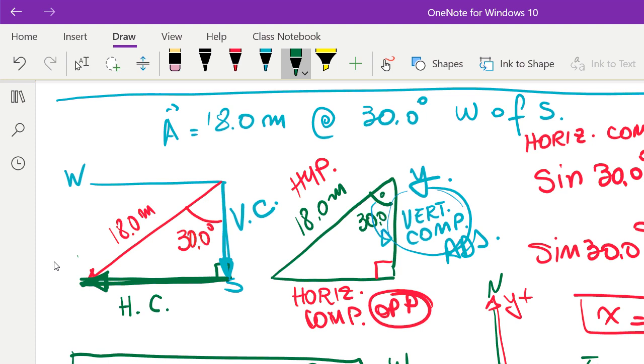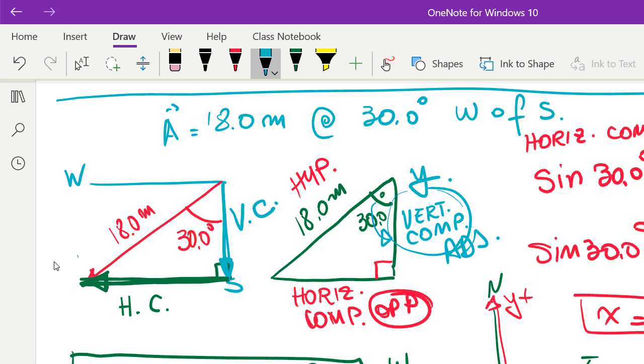And now that we see the vertical component going south, it will not be simply 15.6, because that turns out to be a scalar, not a vector.